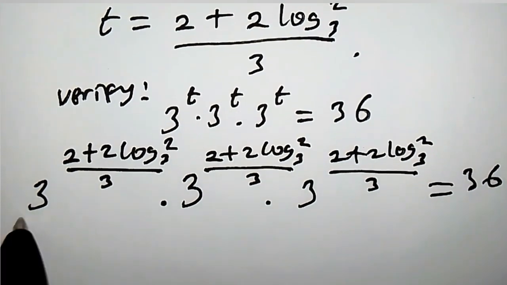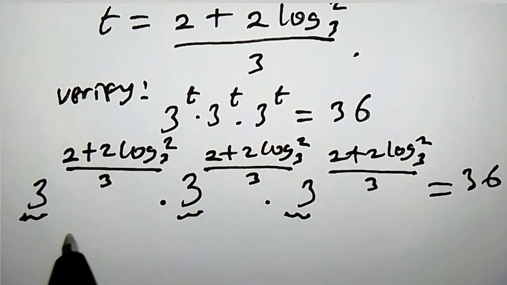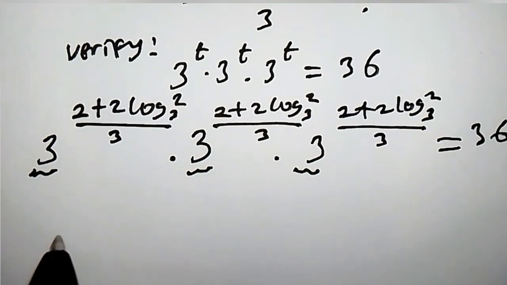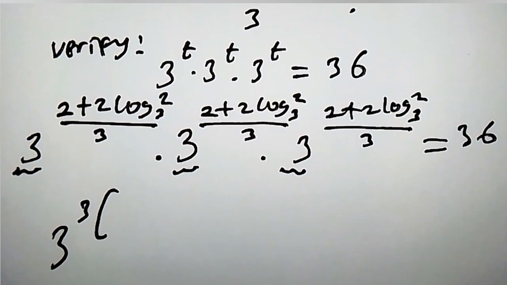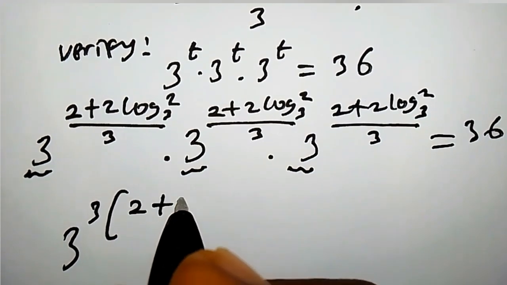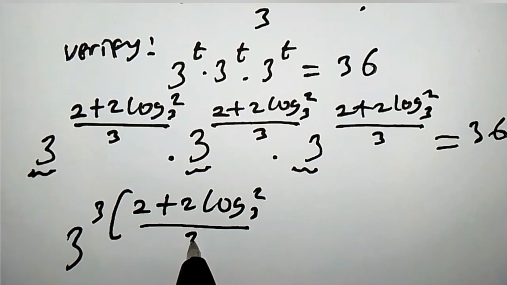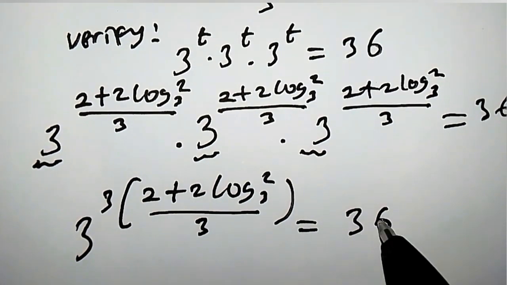What do you observe here? You will observe that this left hand side has the same base throughout. That means we can just add these exponents. Adding the exponents, we are going to have 3 raised to 3 times one of these exponents, 2 plus 2 log 2 base 3 divided by 3, is equal to 36. This is our claim.